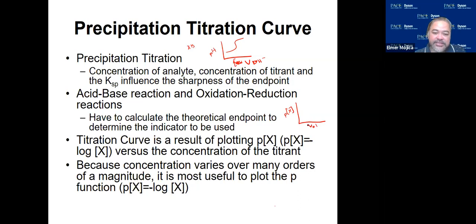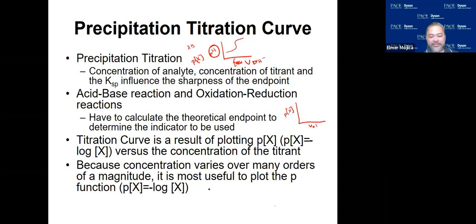So this is the titration curve, the result of plotting px, okay? And similar to the pH, it's negative log x versus the volume of the titrant. So the way that you're going to do it is, instead of this, you use px. And because the concentration varies over many orders of magnitude, it's most useful to plot the p function.